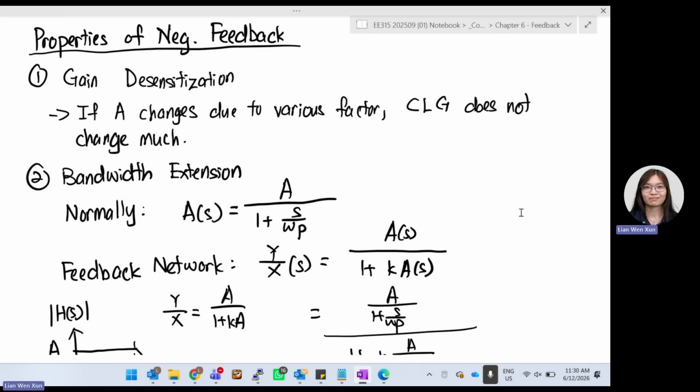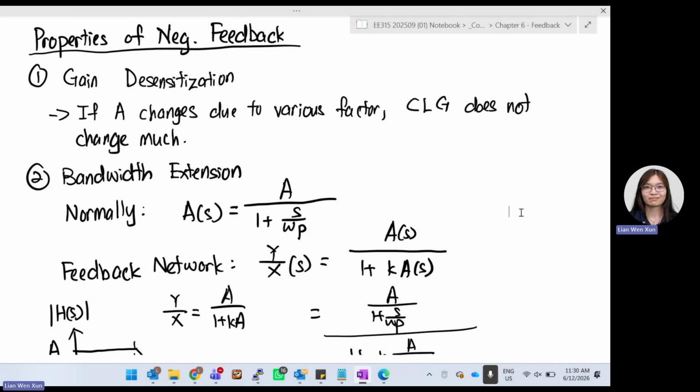Okay, so again, we haven't gone really into feedback systems, but let's look into why we need them. What are the good parts of a feedback system? The first good part is gain desensitization. It means we don't want our gain to be so sensitive.